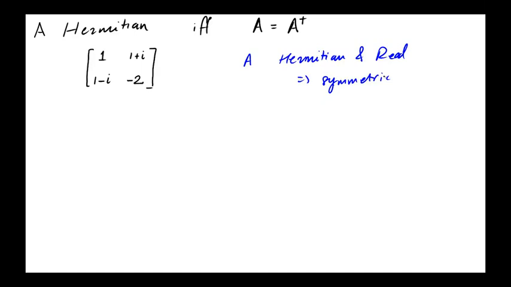Okay, so now we say that a vector phi is an eigenvector of A if A times phi is lambda times phi. So what A does to phi is it just shrinks or stretches it. Okay, in general, of course, lambda is going to be a complex number.